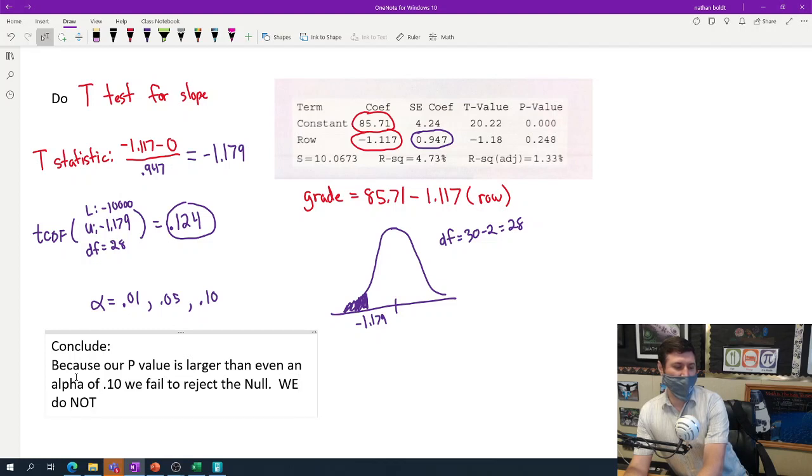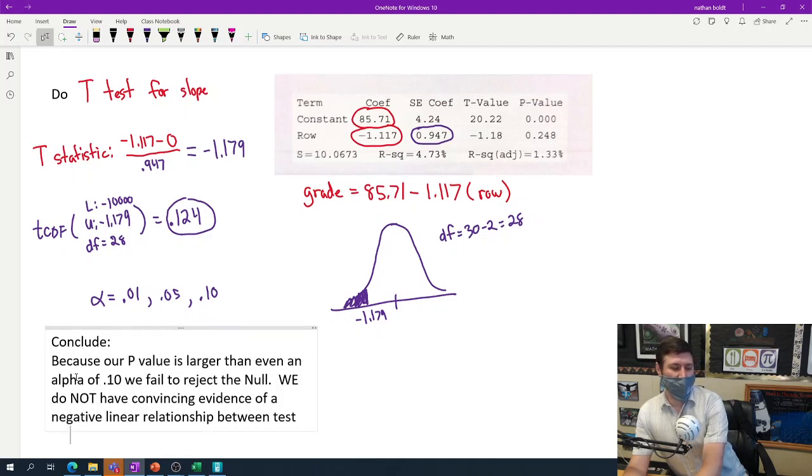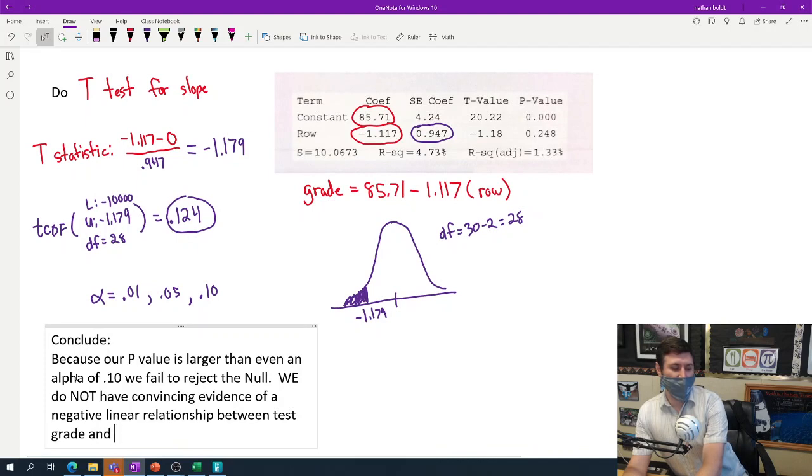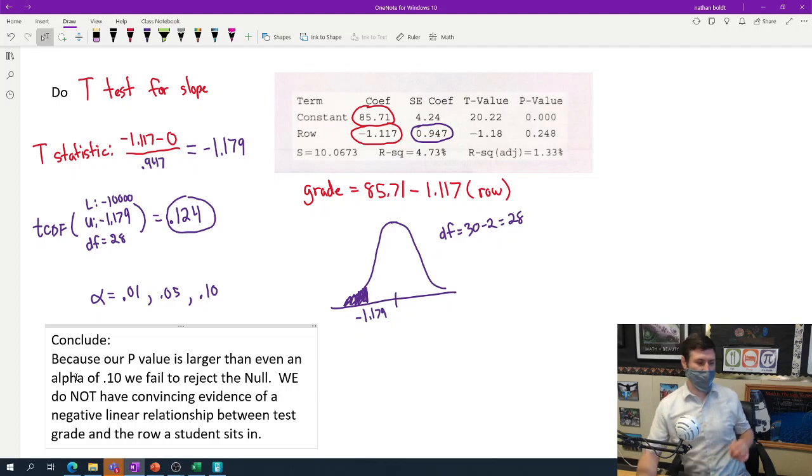We do not have convincing evidence of a negative linear relationship between test grade and the row a student sits in.